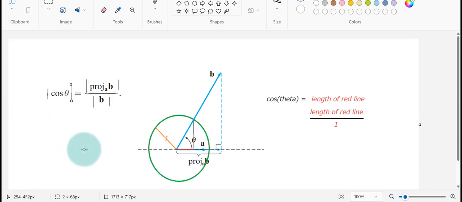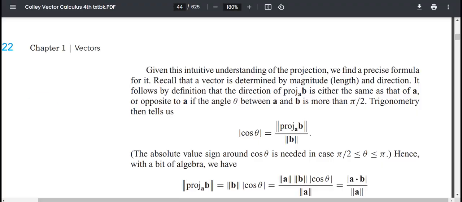Actually, I think I need that if I don't want to restrict theta to be less than or equal to 90 degrees. Now, if we want to generalize this, we should have the double bars around this and this, because if we want to allow the vectors not just to be in 2 dimensions, but 3 dimensions or more, 4 dimensions or 5, we should use the double bars, the norm, in other words.